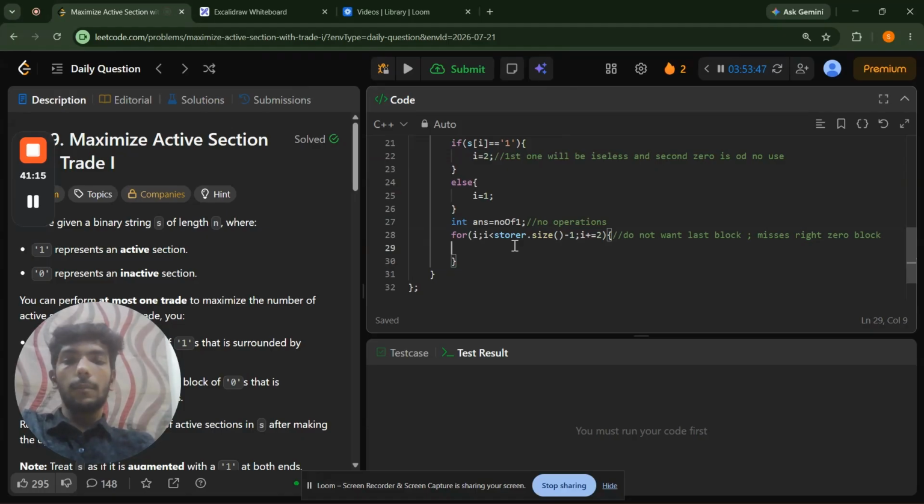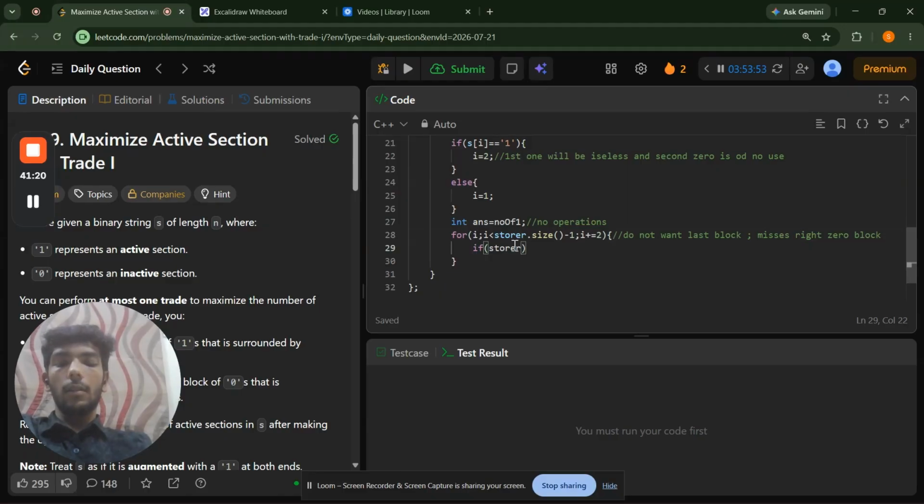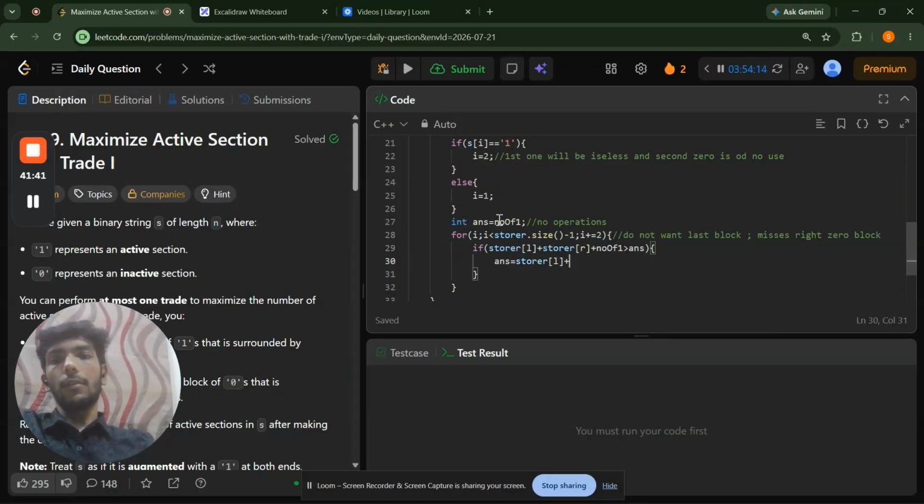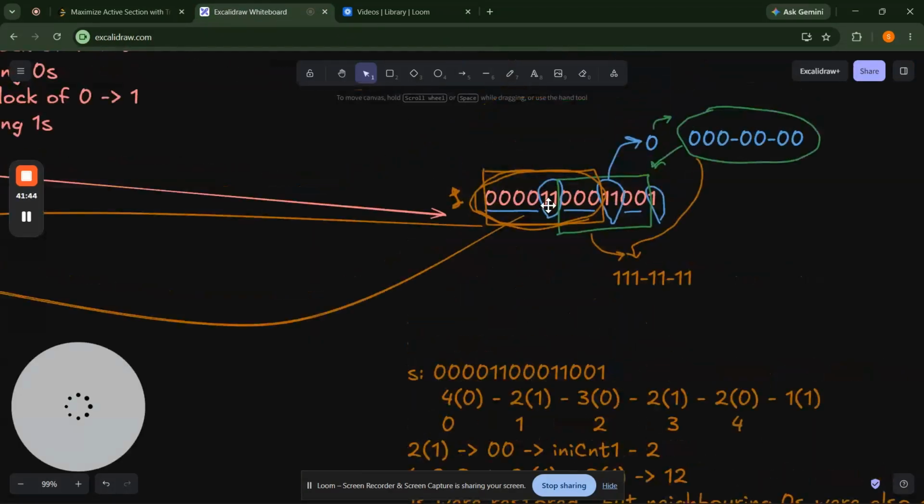So what will happen is, if the number of zeros on its left plus the number of zeros on its right plus the number of original ones is greater than our answer, the answer will be the number of zeros on its left plus the zeros on its right plus the original ones, because first we convert that block to 0 and the blocks on its left and right we convert to 1.